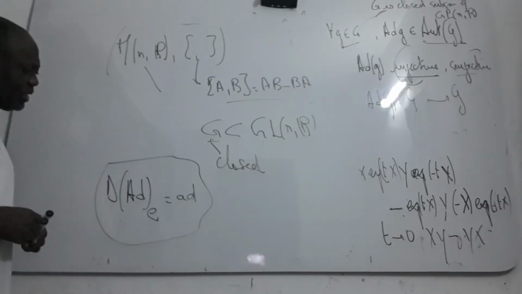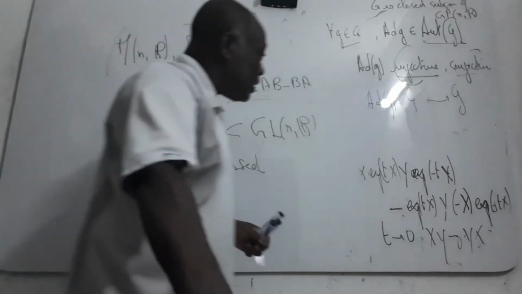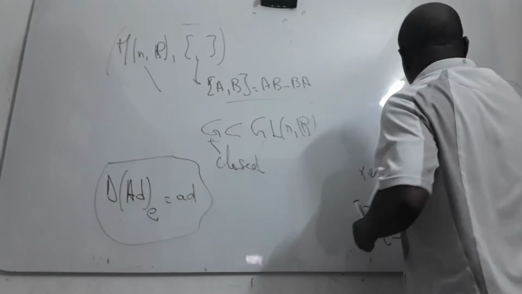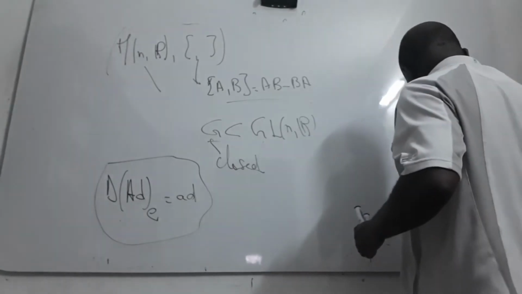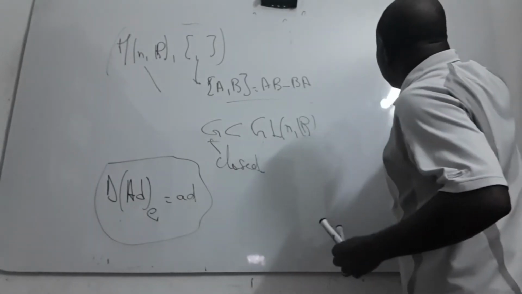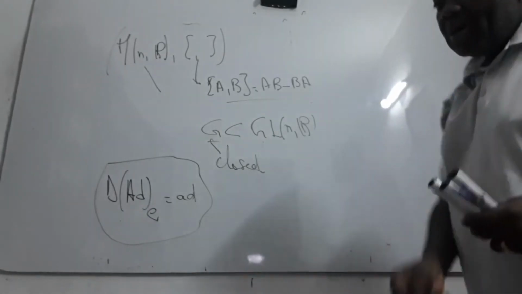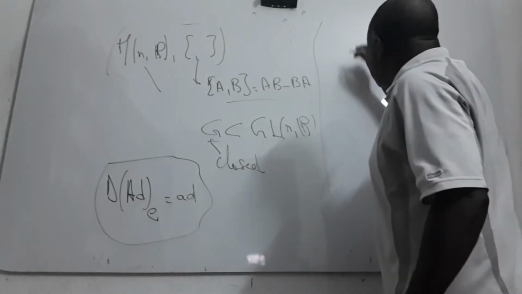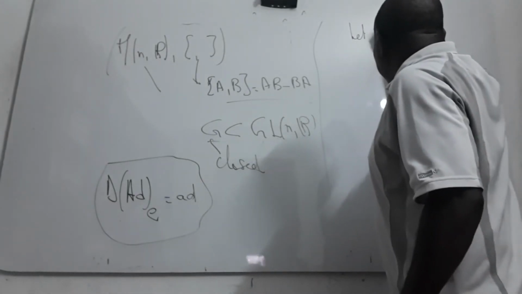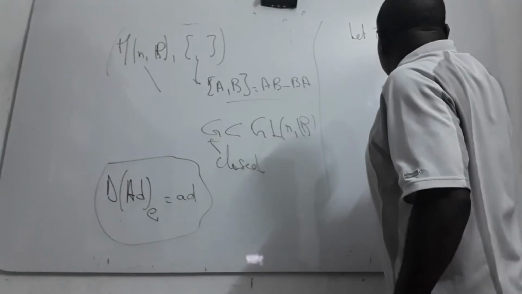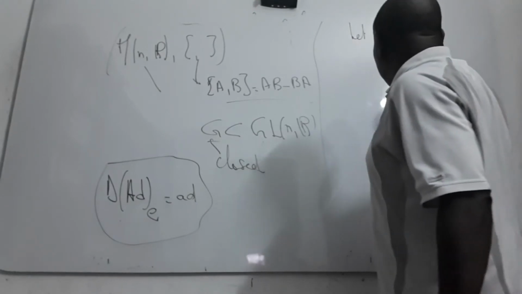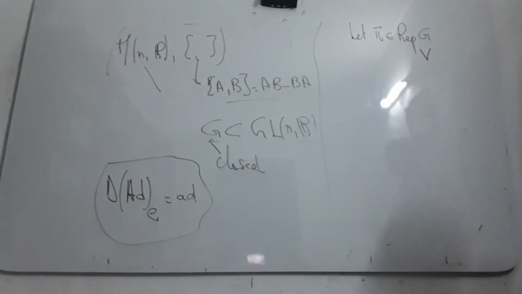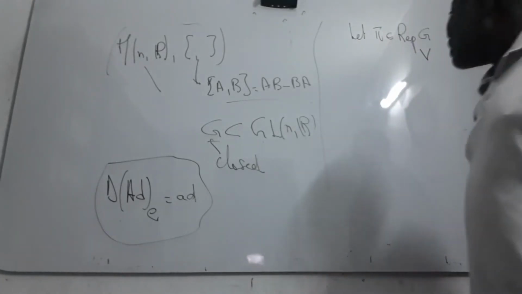We can give the general case now for this kind of notation. Now suppose that G has a representation of a group on some vector space, which is also finite dimensional.